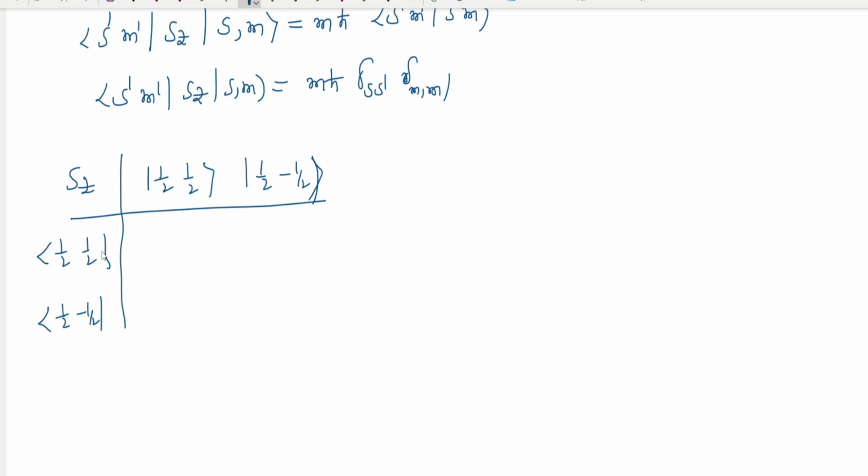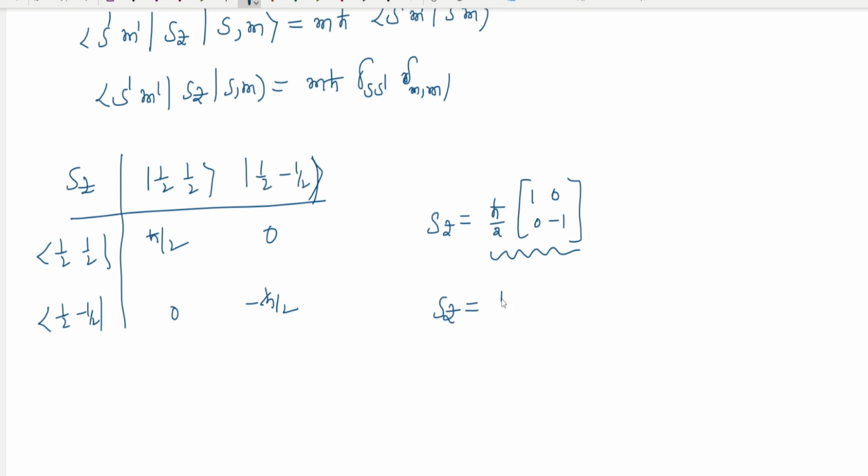If you multiply this, you get h cross divided by 2 here, 0 here, 0 here, and minus h cross divided by 2. Therefore, Sz is equal to h cross divided by 2 times 1, 0, 0, minus 1. Did you remember this? This is the Pauli matrix Z component. So Sz is h cross divided by 2 sigma z.